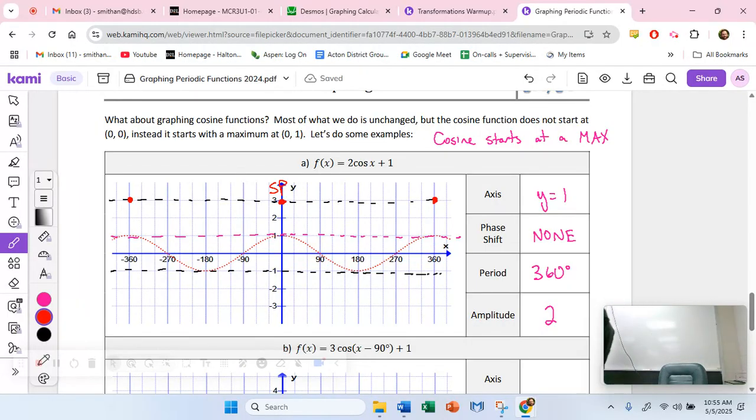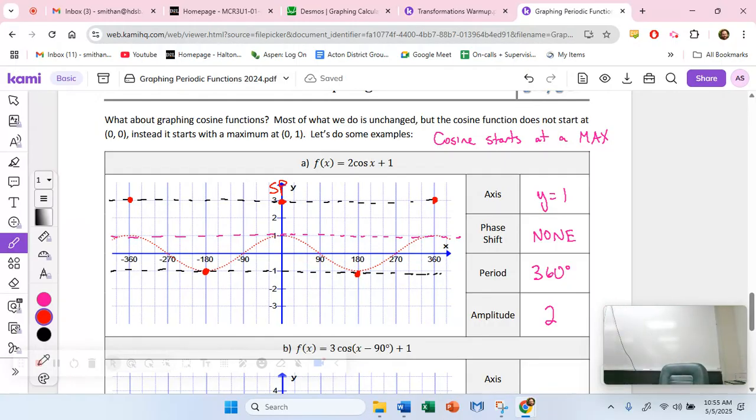Then the easiest way for me to continue is to recognize that halfway between my maximums, with the cosine function, I have a minimum. So I'll do my minimums next. Halfway between these is at 180, and then down there, and it'll do that again.